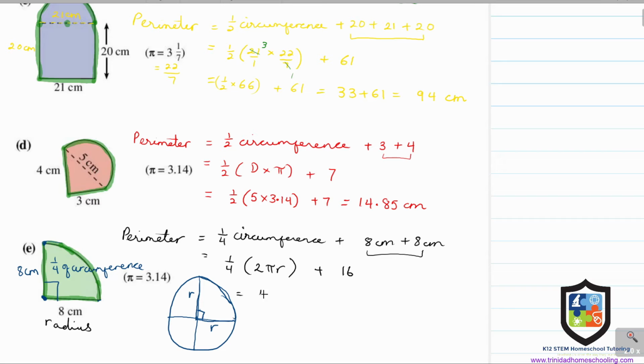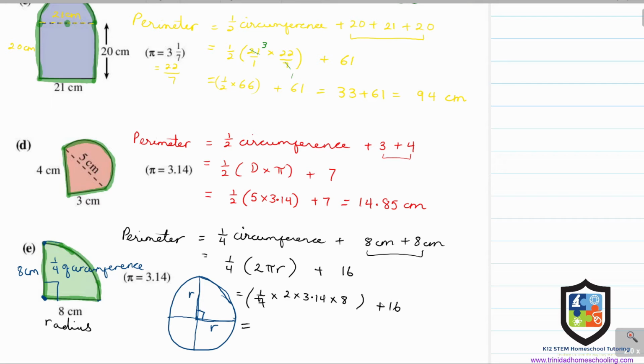Alright, so a quarter of 2 multiplied by, they said to use 3.14 as your pi, and your radius is 8. Okay, so that plus 16. So let's work this out here. Let's make this a little simpler.